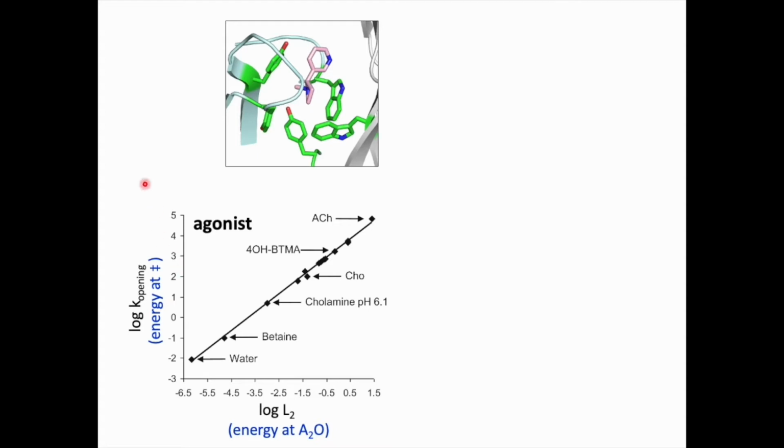The picture at the top is of a neuronal nicotinic receptor binding site, showing the agonist in pink, in this case nicotine, surrounded by a cluster of aromatic amino acids. So the agonist is, in a way, like a side chain.